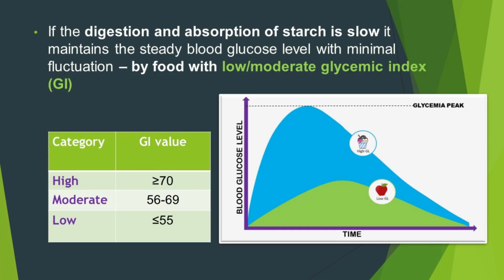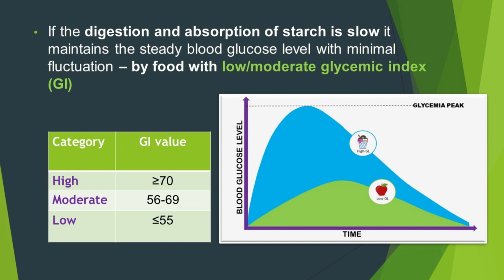Glycemic index for a food is defined based on the carbohydrate content of a particular food. This glycemic index is given for food items which are rich in carbohydrate. It depends on the rate of digestion and absorption of starch present in the food item.